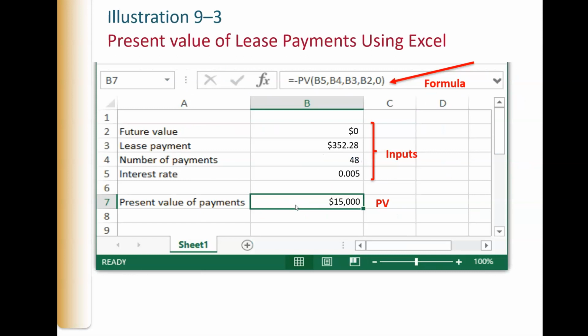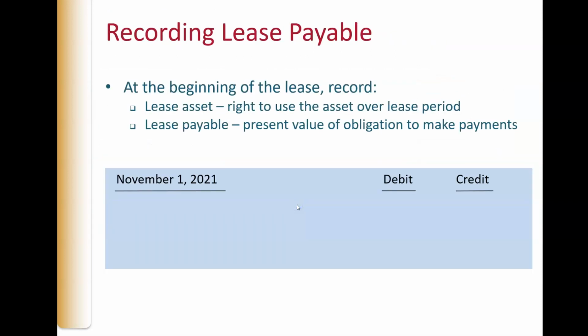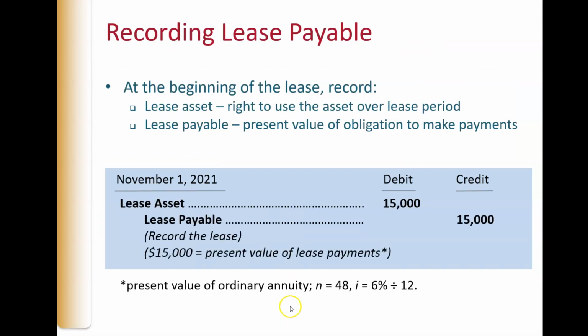And we can actually do that in Excel and come up with those numbers. And this is how we record it. This is the present value of those lease payments using an interest rate. And we'll talk about interest rates in a bit.